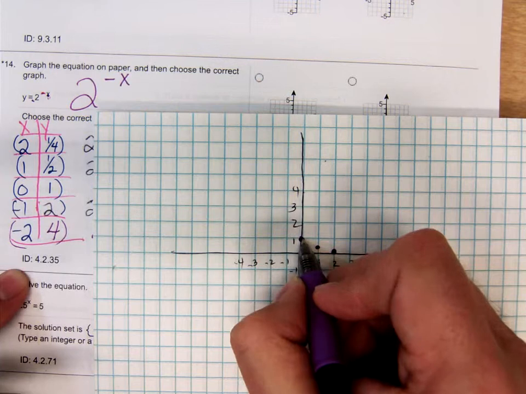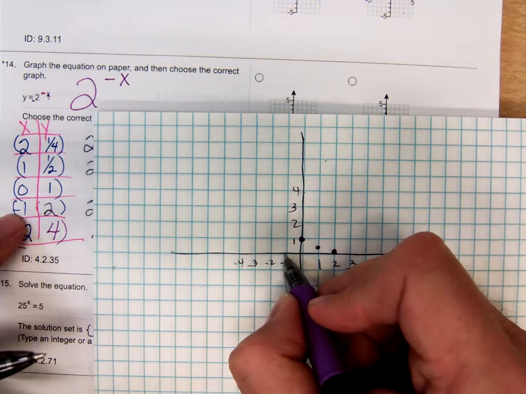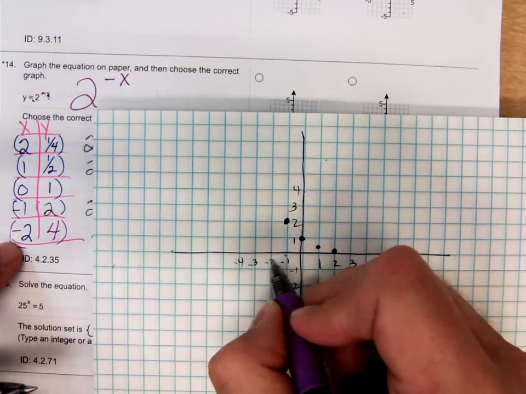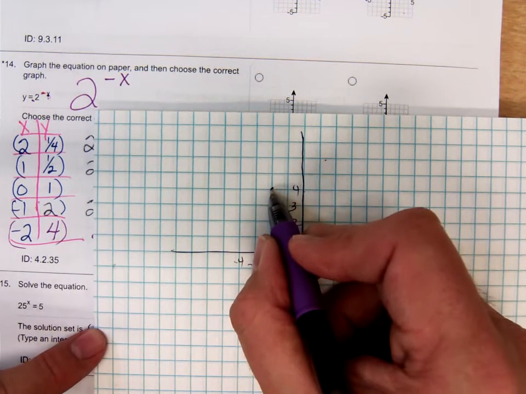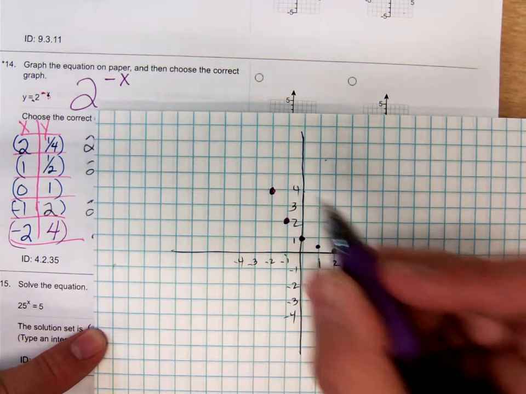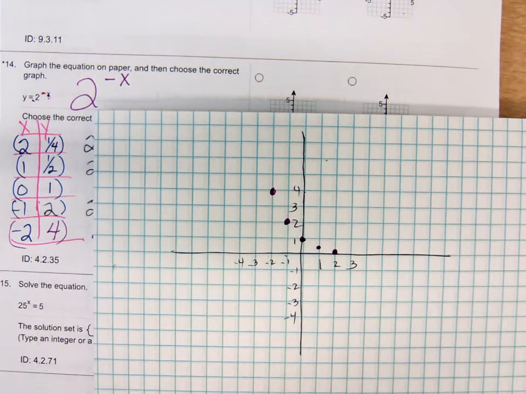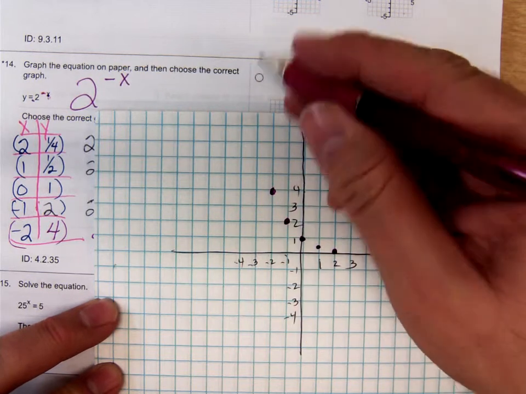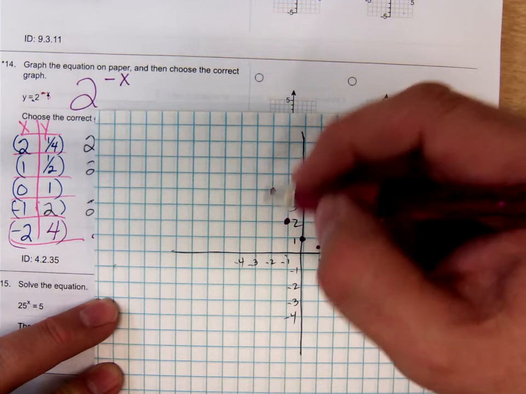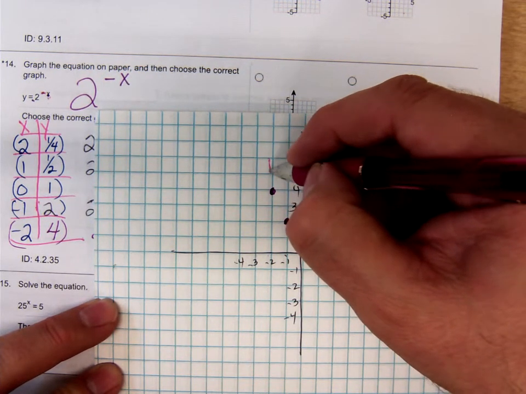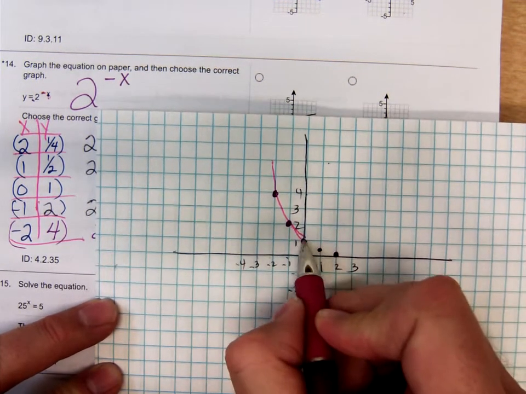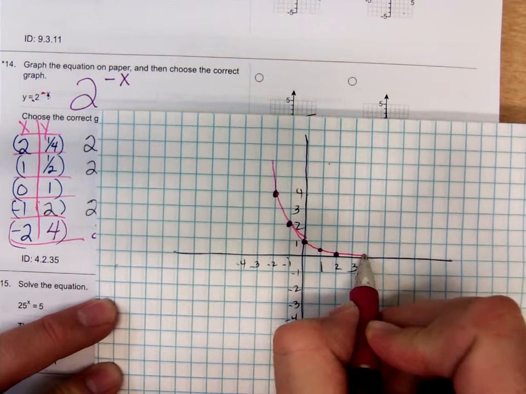Left 1, up 2. Left 2, up 4. So if we went left 3, it'd be up 8, and so forth. This is what sort of going up fast, and over here is where it just starts flattening out.